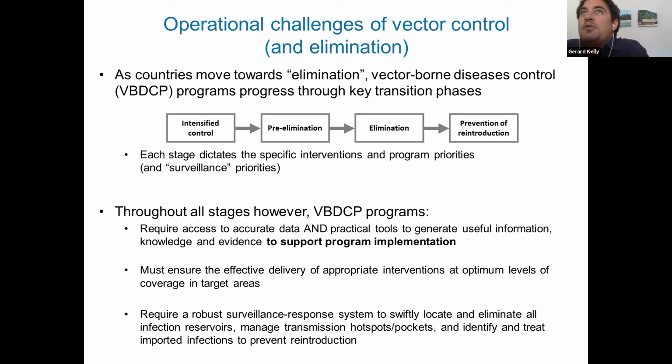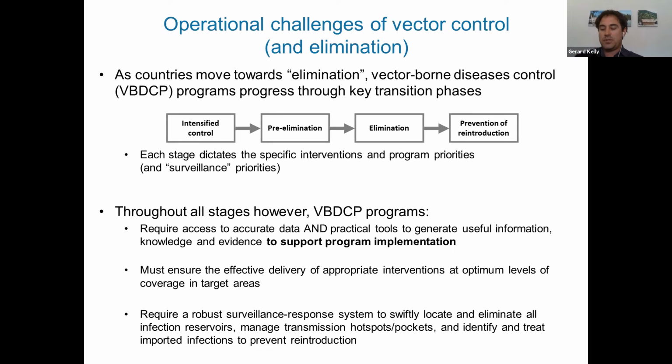So for example, if you're in an intensified control stage, this is sub-Saharan Africa, a lot of countries are still trying to maintain their malaria burden, for example. And so they're getting thousands of cases reported per whatever reporting period. So they're not actually going to be trying to track and do contact tracing on individual cases because they don't have the capacity and it's not what they're trying to achieve.